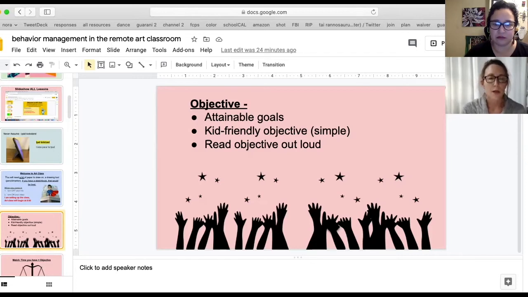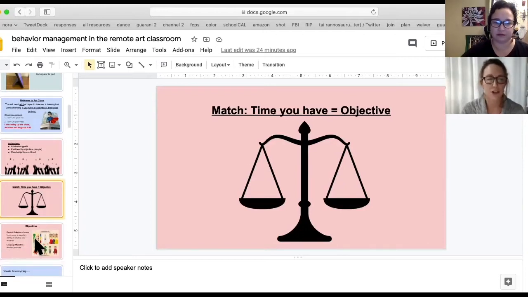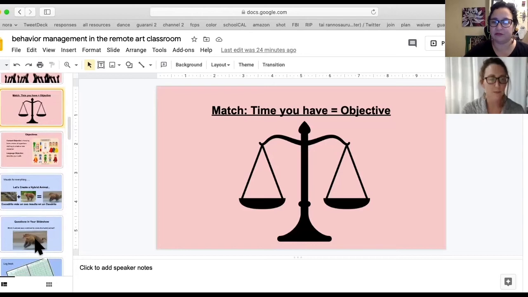So think about how much time you have and what you want to attain during that time frame. So matching the time you have with the objective. So do not have a jam-packed objective. You want to have 2 objectives and that is it.